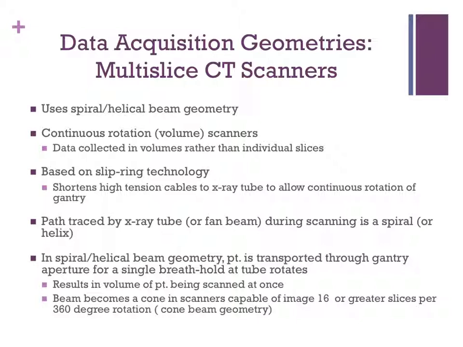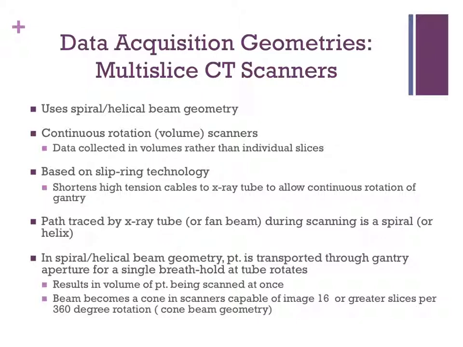This type of scanner is based on slip ring technology, which includes the shortening of high-tension cables to the X-ray tube, which then allows for the continuous rotation of the gantry. The path traced by the X-ray tube during scanning is a spiral or a helix.